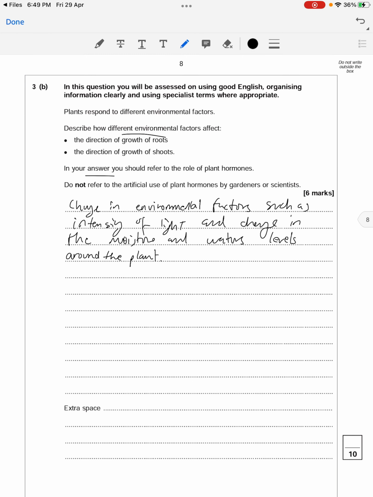So if there is more light, right? So more light will lead to the shoots growing upwards and growing towards the light.